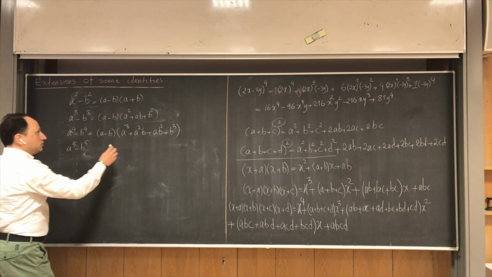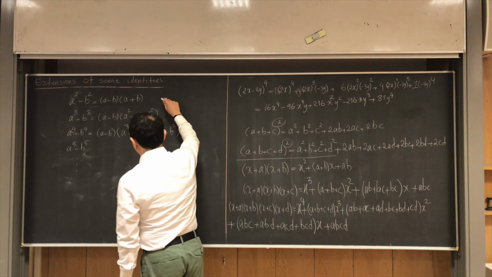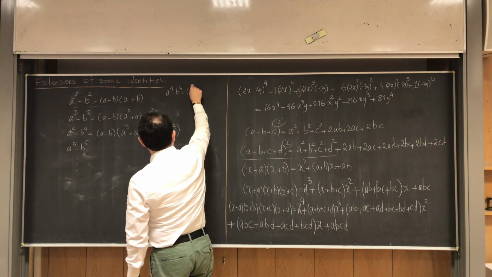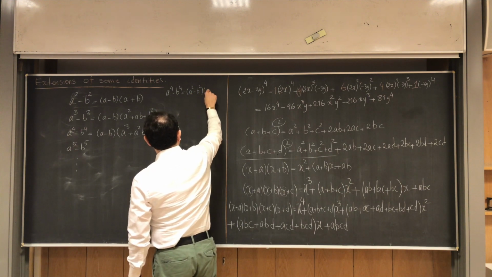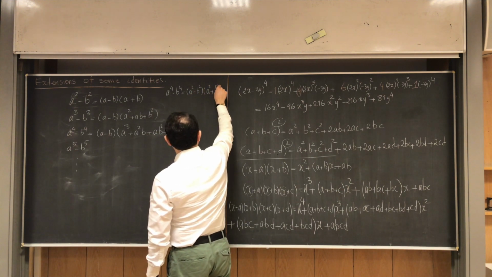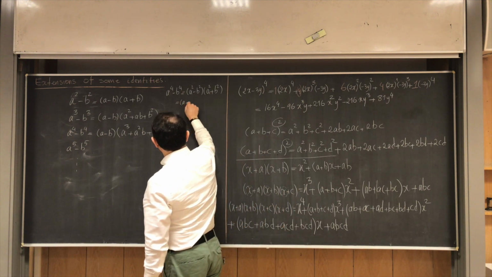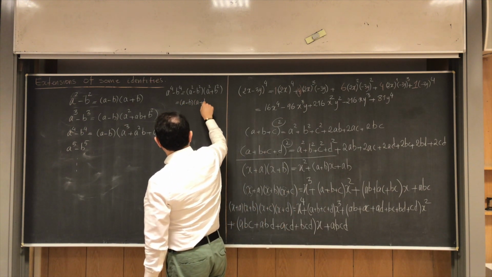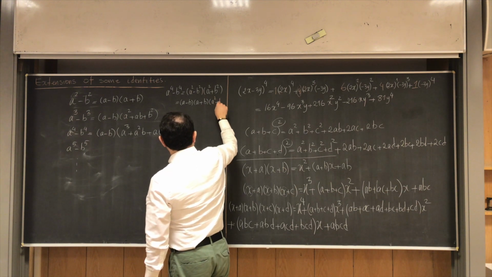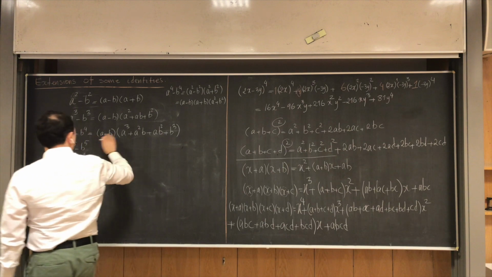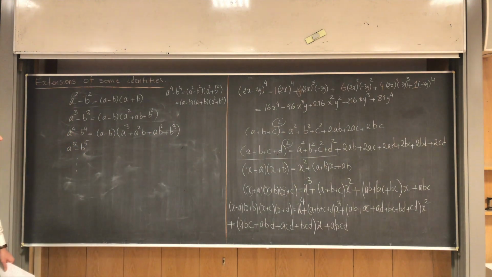So for example, you might say that why shouldn't I do this? In principle, a to the 4 minus b to the 4 can be written by conjugate pattern as a squared minus b squared times a squared plus b squared. And then again, you can use the conjugate pattern to factorize this. Of course, even this is better here, but what I am saying is that this is also correct, okay?